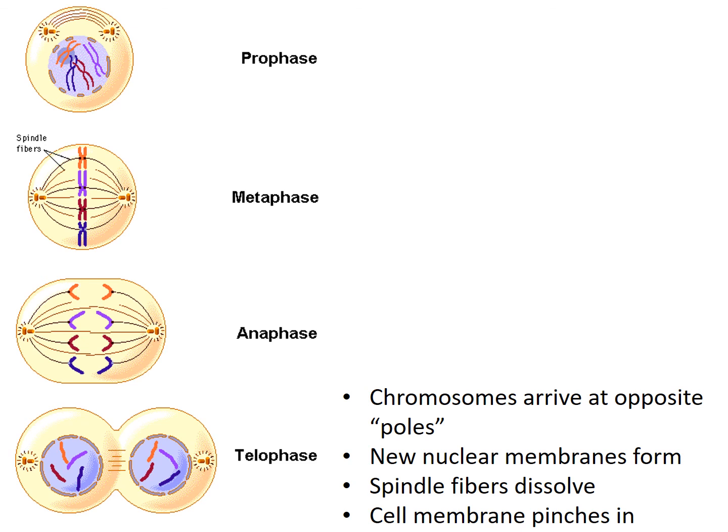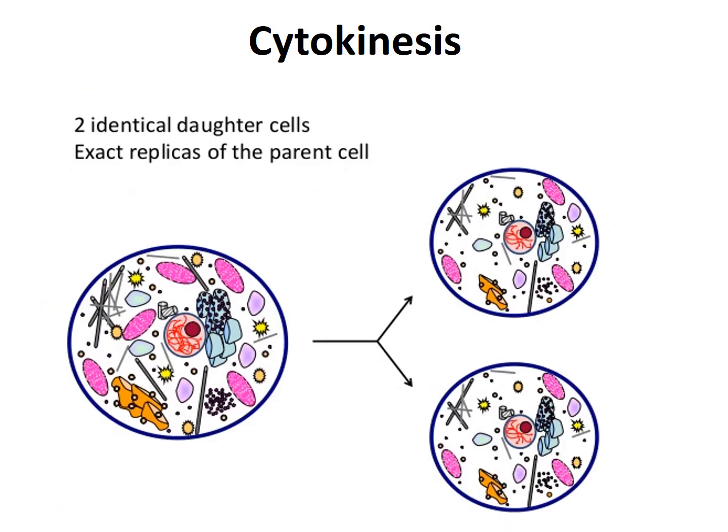And that cell membrane, which had been growing and elongating, begins to pinch in on itself. So all of these things are happening during telophase, and telophase ends with the creation of two new daughter cells. And the instant when that cell membrane pinches in on itself completely is called cytokinesis.